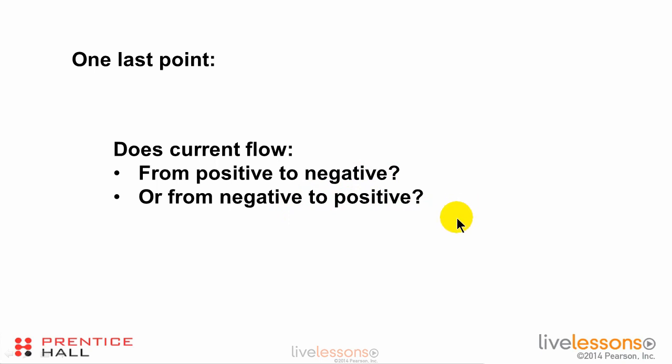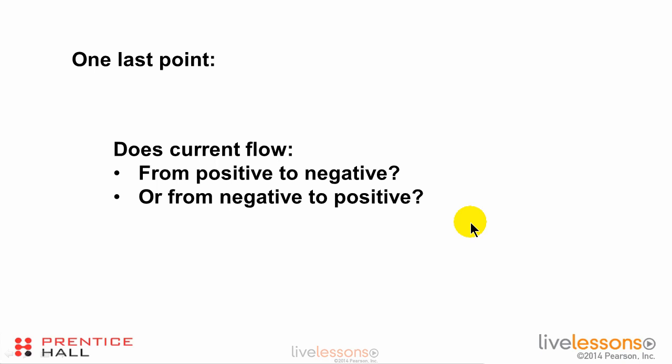The analysis of circuits and the formulas that we use in electronics and the way we look at circuits in electronics, everything is symmetrical. It doesn't make a lot of difference whether we talk about current flowing from positive to negative or from negative to positive. The one time in my career when I've run into a situation in which that was not true is when I was involved with semiconductor current flow, where it really does matter what direction the electrons themselves are flowing.